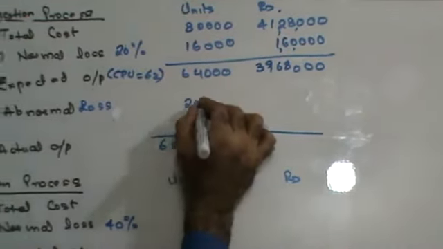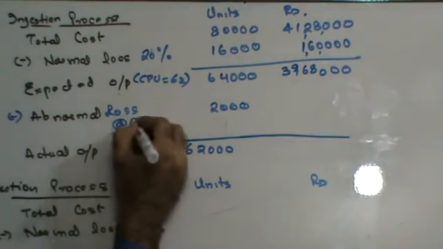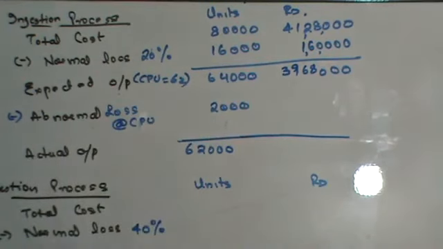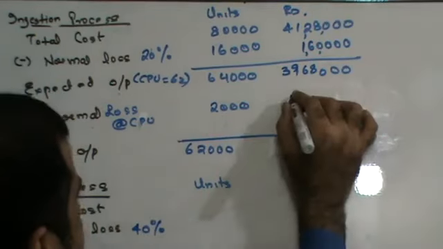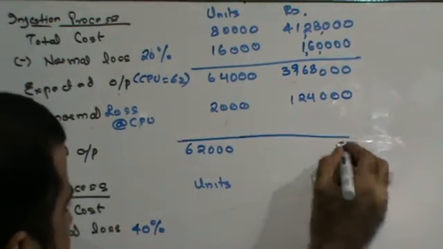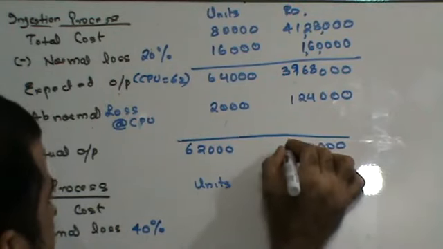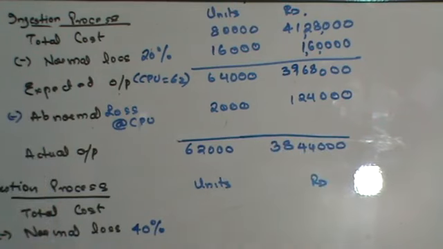Abnormal loss is 2,000 units. Abnormal loss is to be calculated at the rate of CPU. So 2,000 into 62 will give you 1,24,000. So your actual output, after subtracting this, will be 38,44,000.